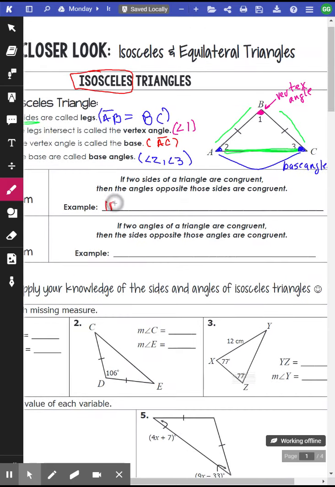So I put if AB is congruent to BC, then angle A is congruent or equal to angle C.